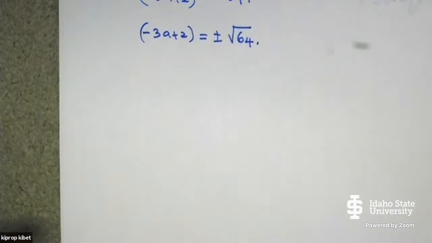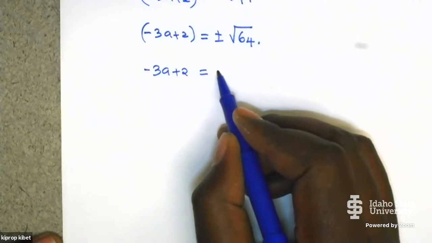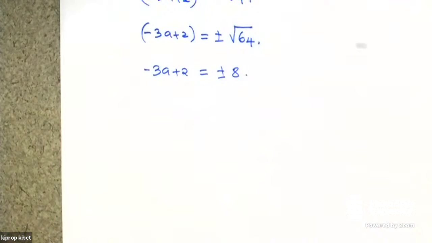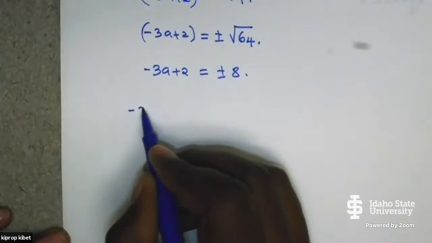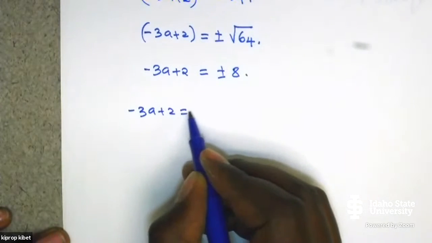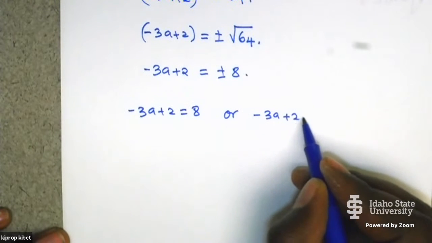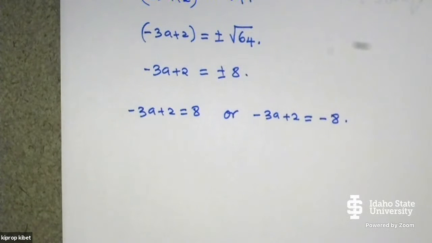So therefore, negative 3a plus 2 equals plus or minus 8. That means negative 3a plus 2 equals 8, or negative 3a plus 2 equals minus 8, since it is a plus or minus.